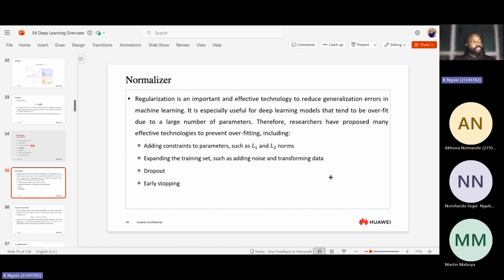Can anybody remember, first of all, can you give me an example of a parameter?